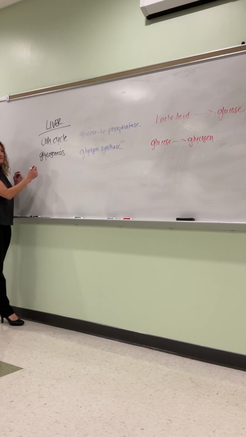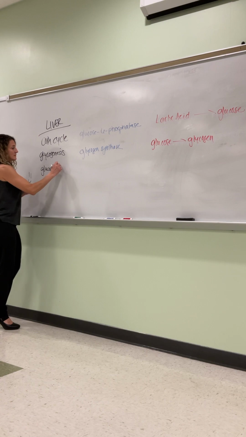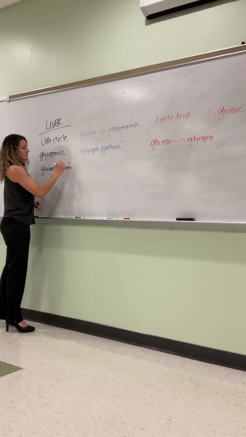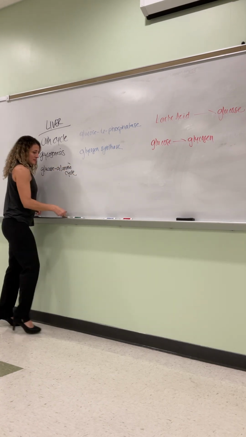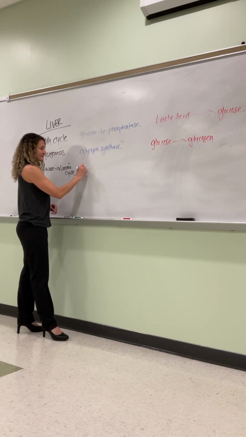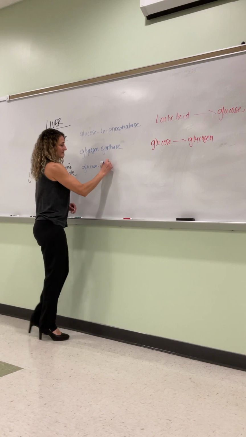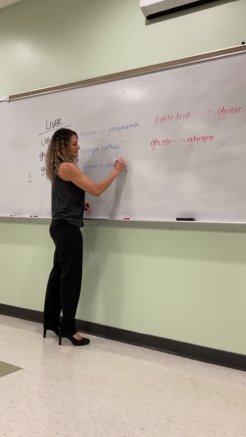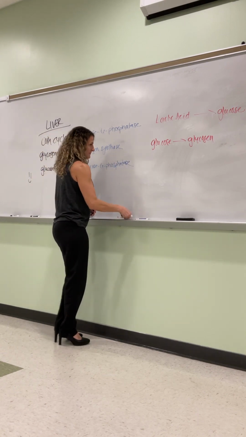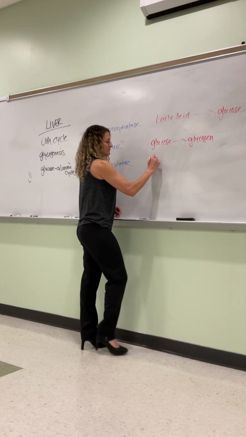The glucose-alanine cycle. Enzyme? Glucose 6... Converts what to what? Amino acid into glucose.